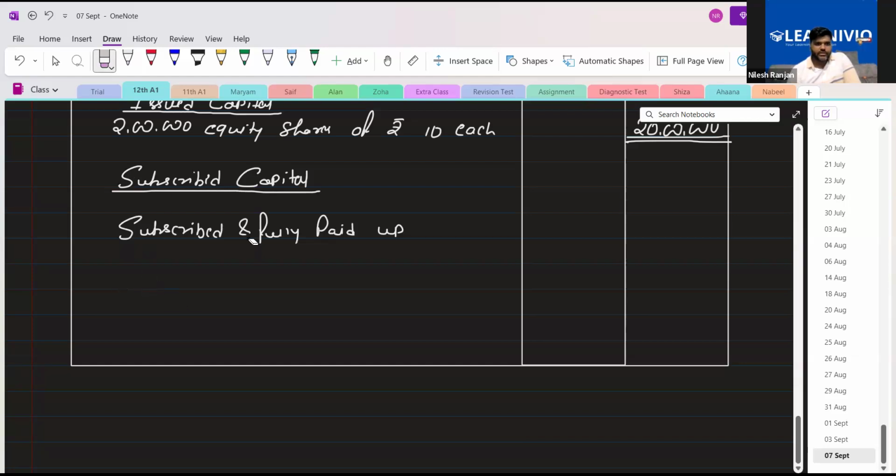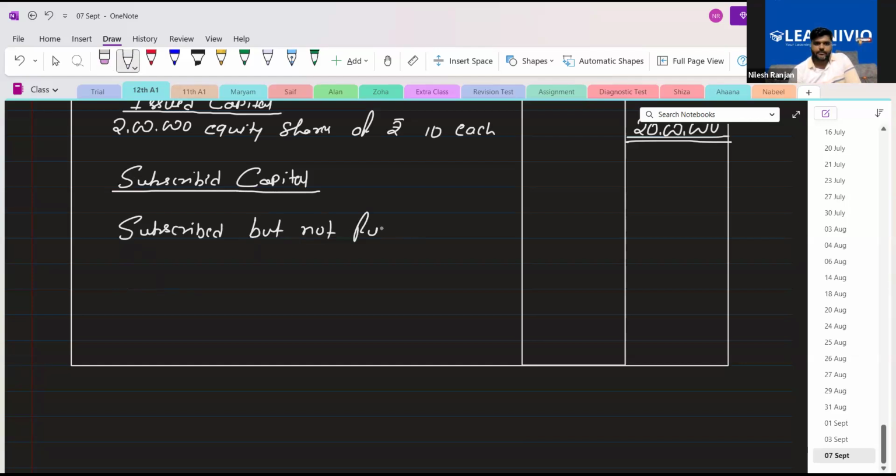Subscribed but not fully paid up: 2 lakh equity shares of rupees 10 each, 8 called up.